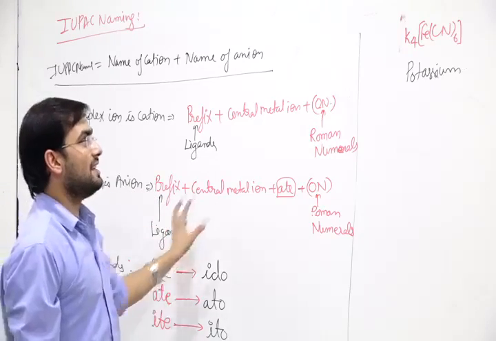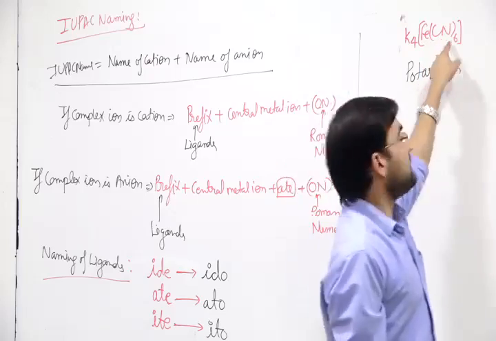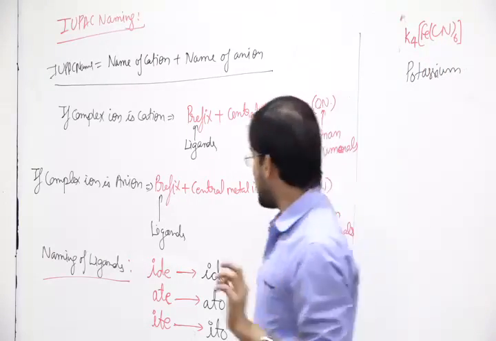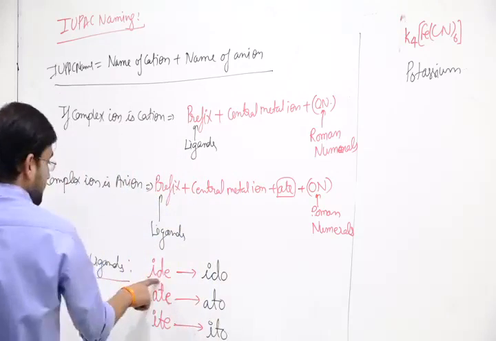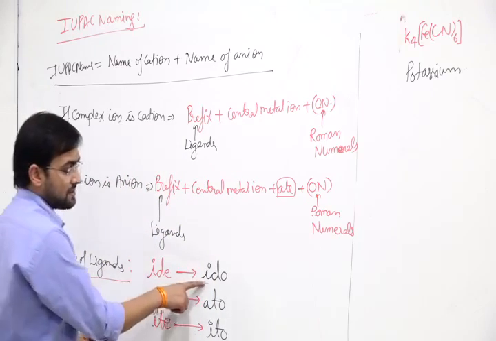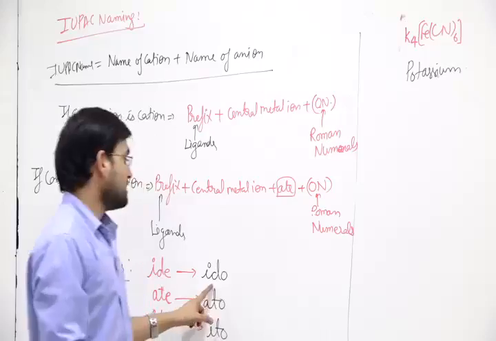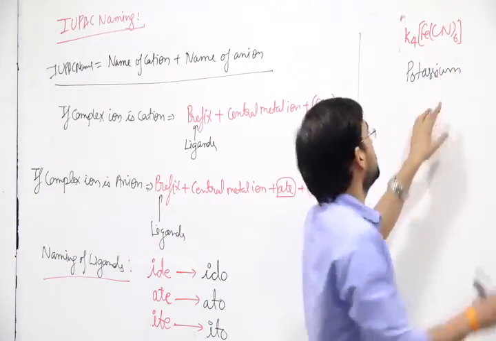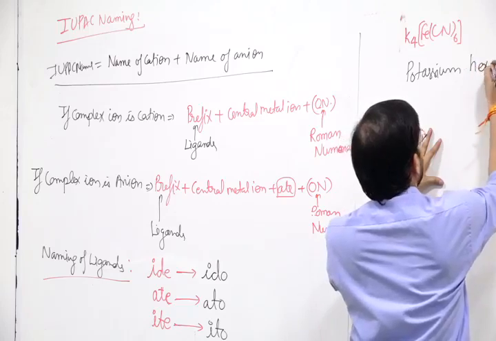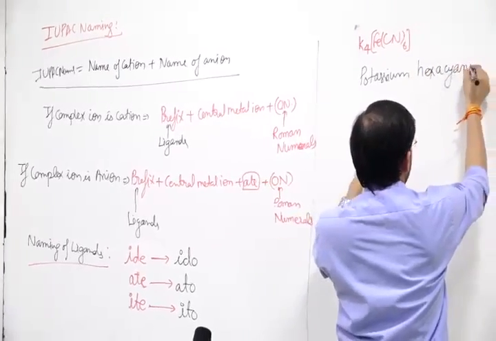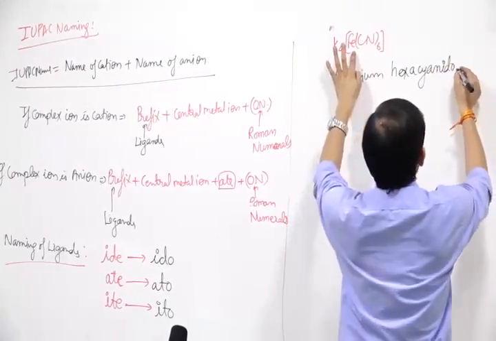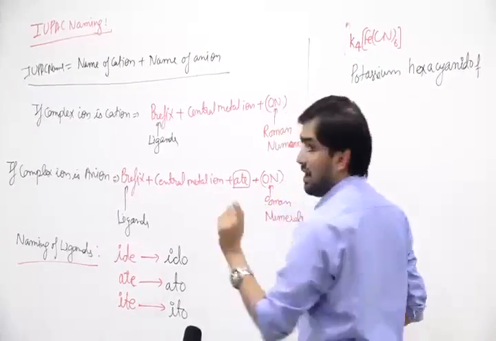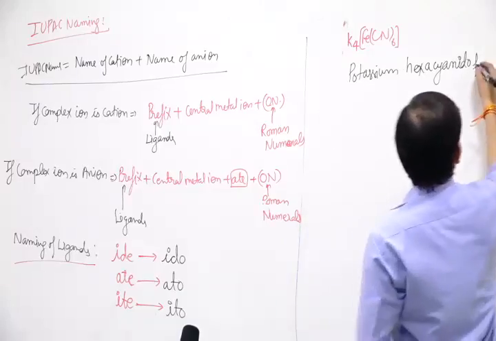Prefix for the ligand. The ligand is CN. What is the name of CN? Cyanide, IDE, so it will become cyanido. But how many? 6. So potassium hexacyanido. Now this is iron, the central metal ion, ferrum, but ferrate.